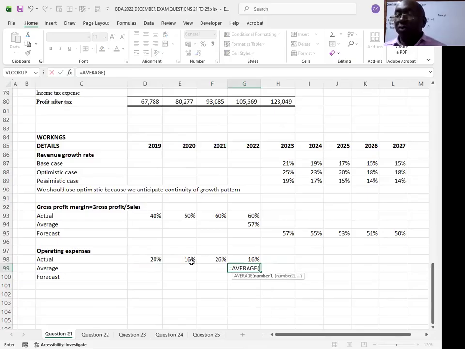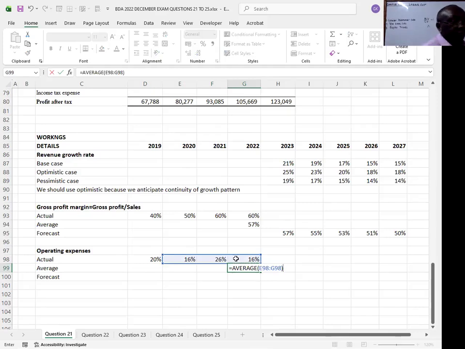We are told to do the 3 years. So tutachukua kutoka hapa 16. Close the brackets, press enter, give me the answer. Yeah, good.